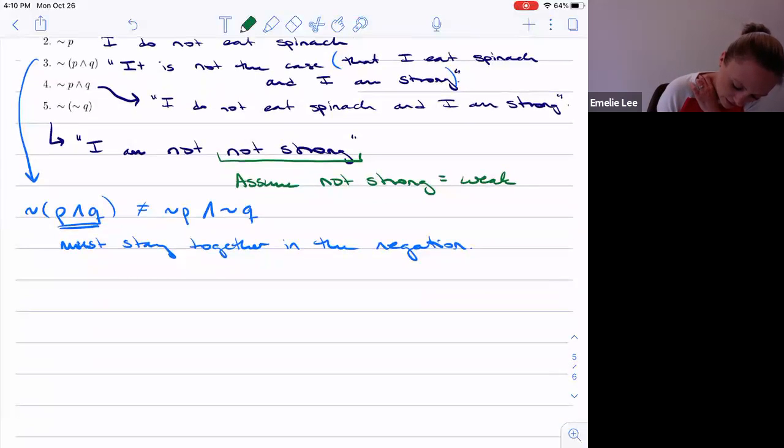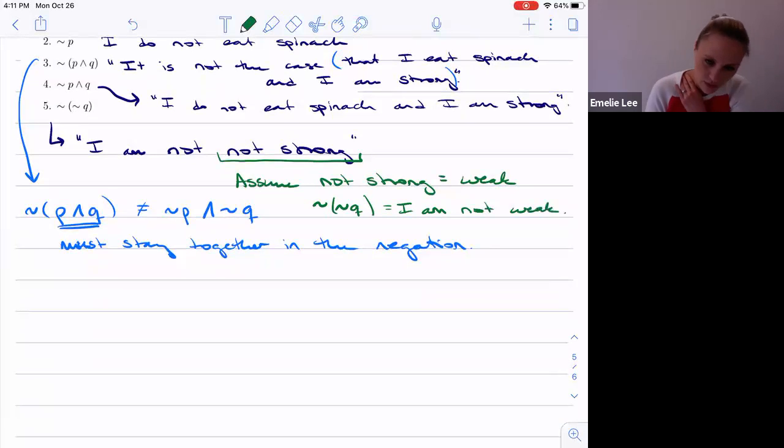So then not Q is going to be the same as I am not weak.